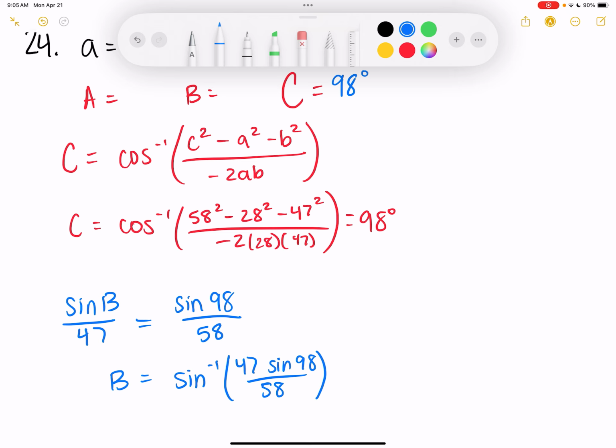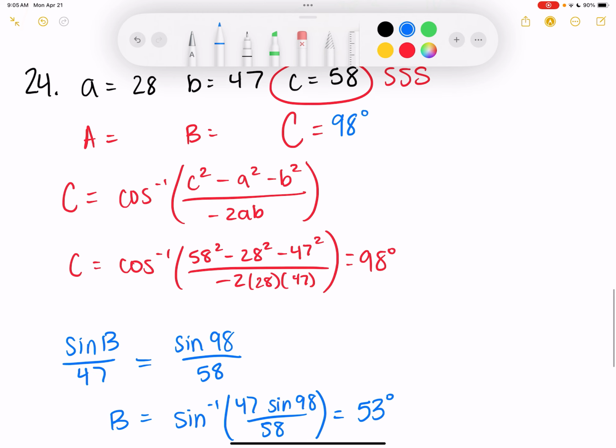I get 53 degrees. So far, so good. And then angle A is just 180 minus 53 minus 98. And so that gives me an angle A of 29 degrees.